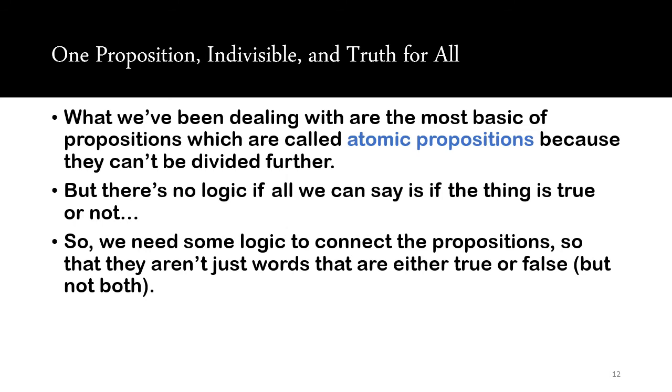So we need some logic to connect these propositions, logical connectives, so that they aren't just words that are either true or false, but not both. Remember that? I'm just going to reiterate that. So we have logical connectives.